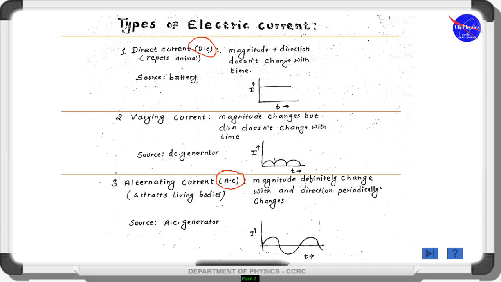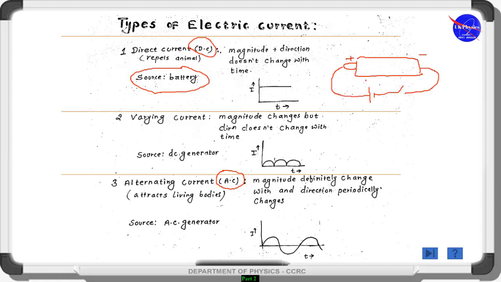The source of direct current is simply a battery. Here we can suppose a battery, and the battery has the positive terminal like this, and there is a negative terminal. And suppose this is a complete circuit. Alright, suppose this battery can flow 1 ampere current. Right.